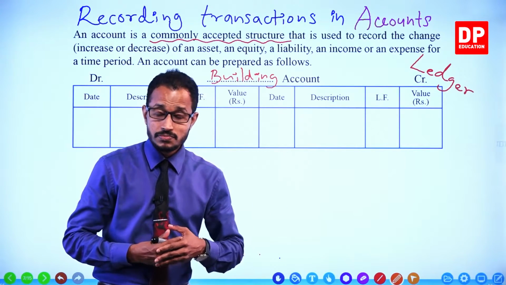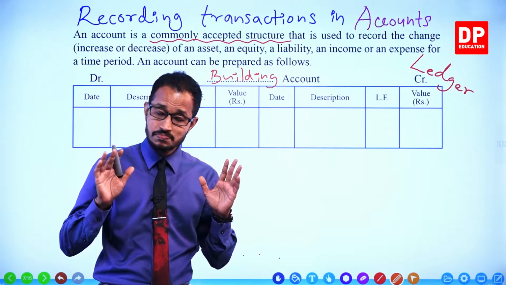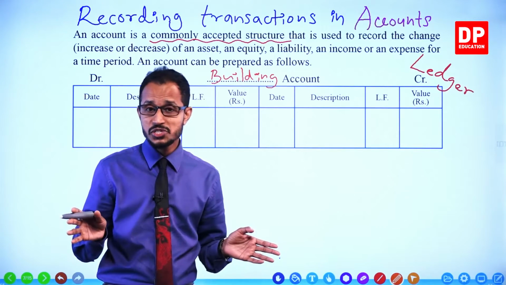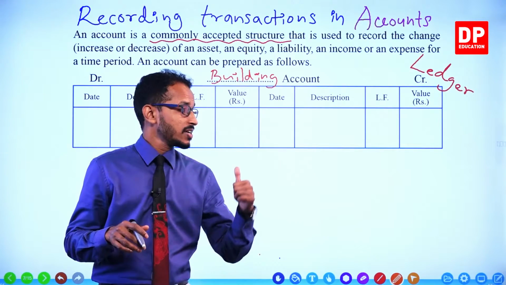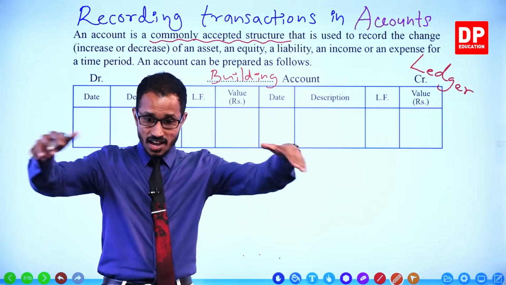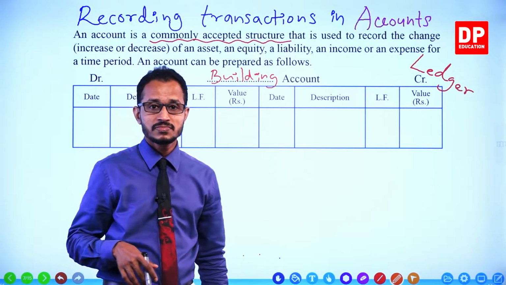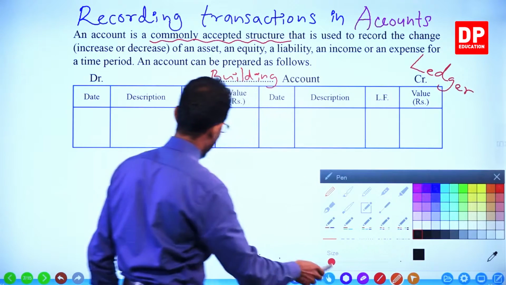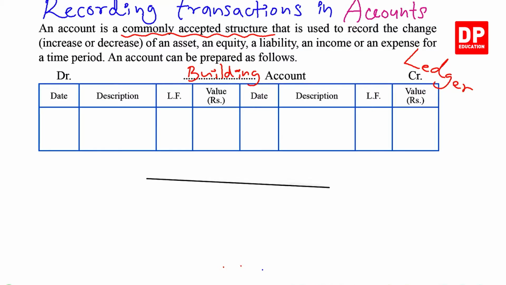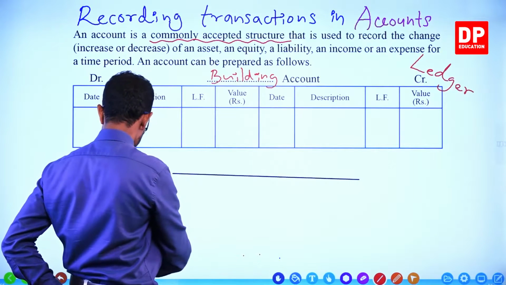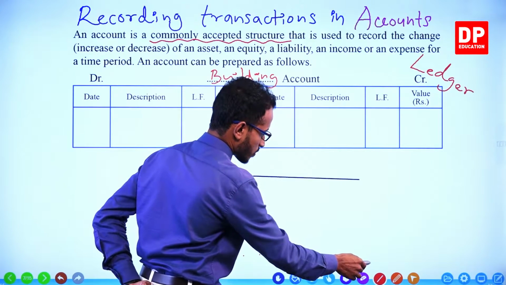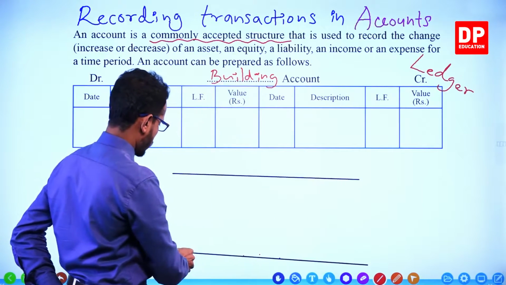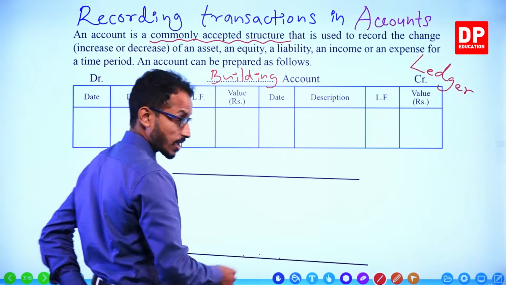According to the traditional method, the accounts were drawn in large books. There were very large books used to draw these accounts.